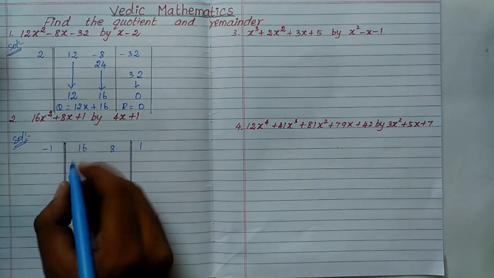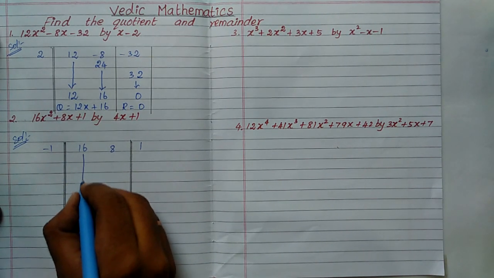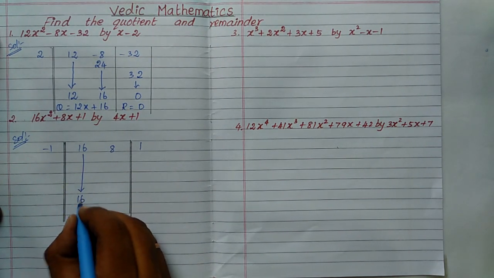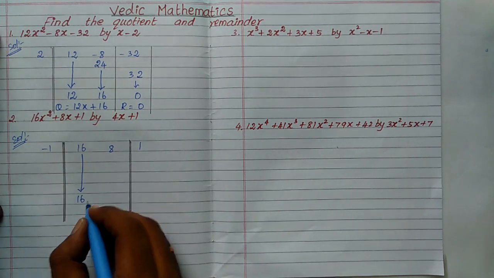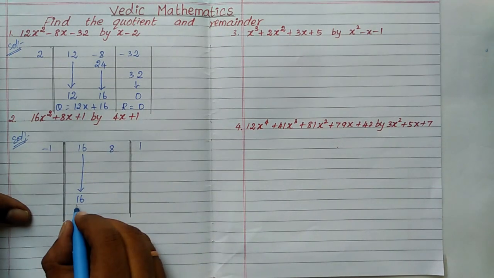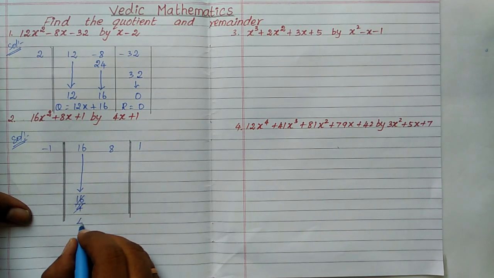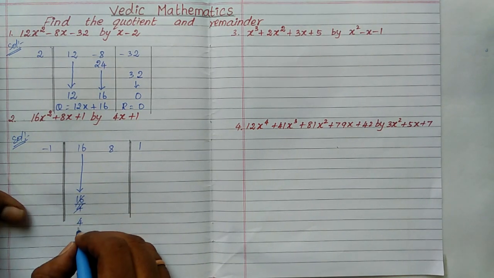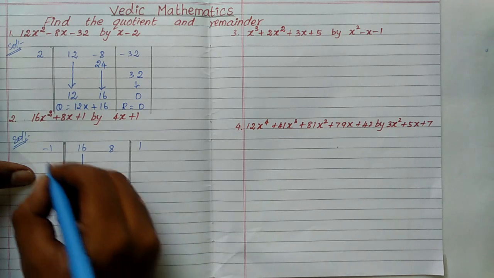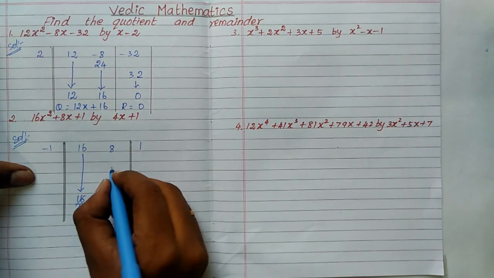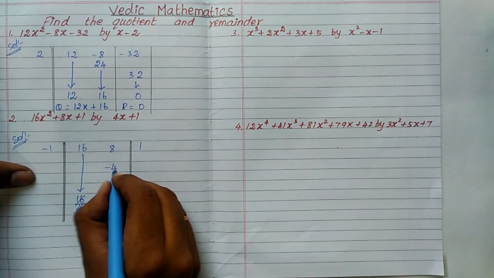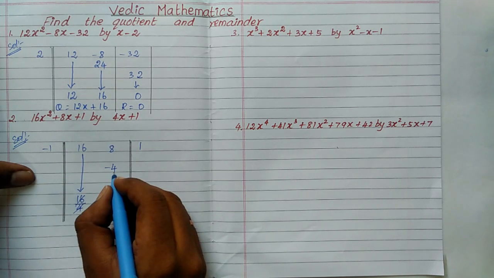Now, same, take 16, but 16 is not the quotient. Here we have 4, so divide by 4, and the result is 4; 4 fours are 16. Next take 4, and 4 into minus 1 is minus 4. Now 8 minus 4 is 4.